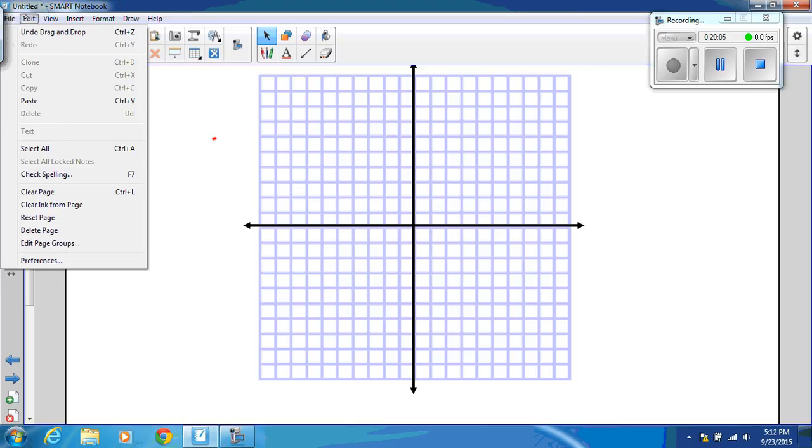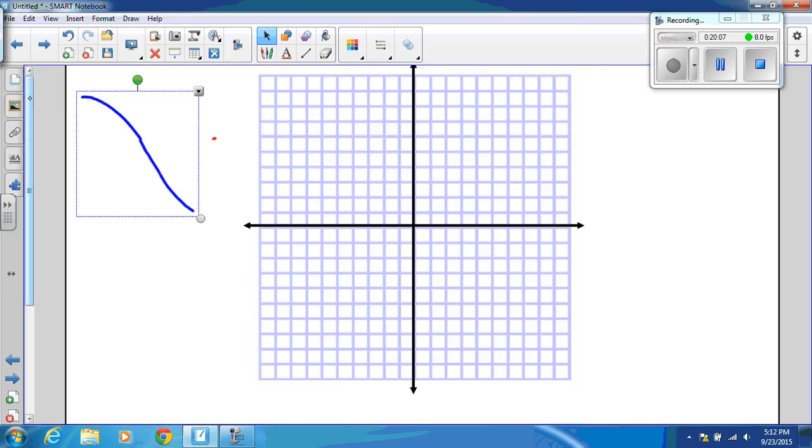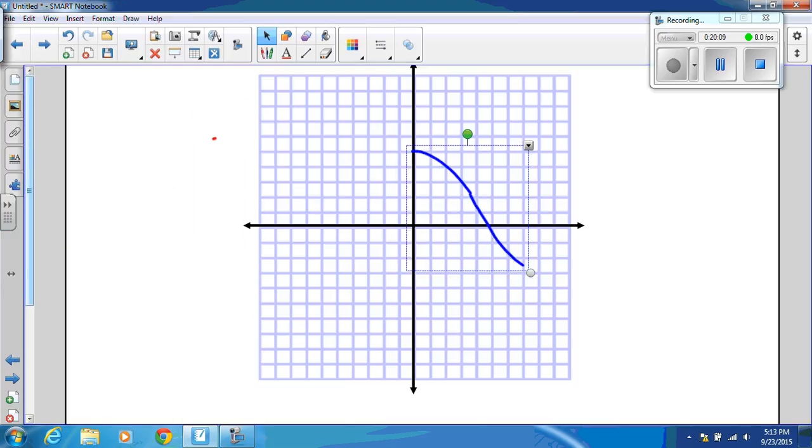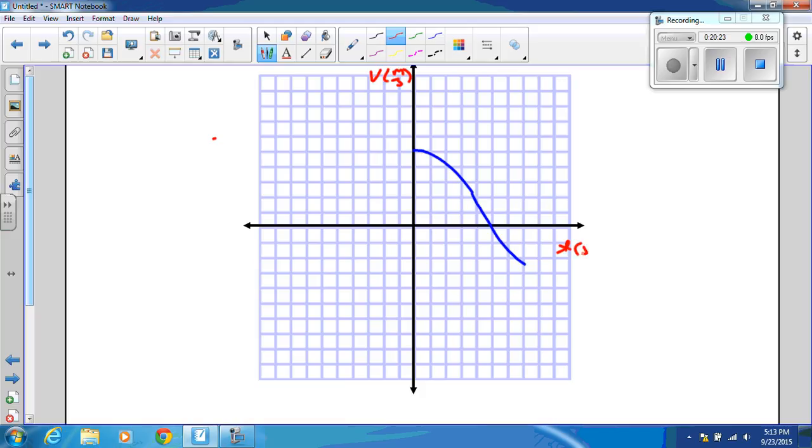There we go. There's our velocity curve. So, okay. This is our velocity measured in meters per second, time in seconds, like that. And we already determined that our velocity was positive here and negative there.